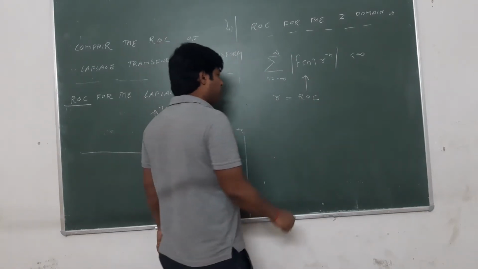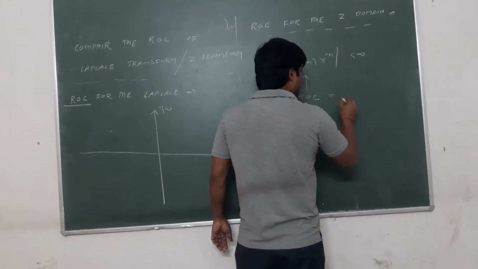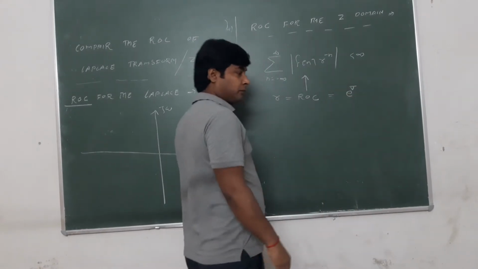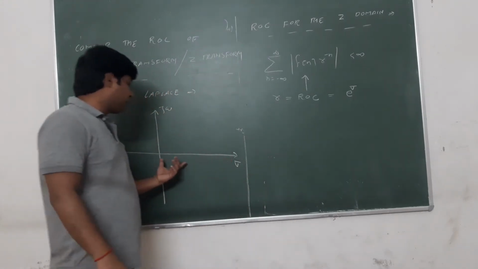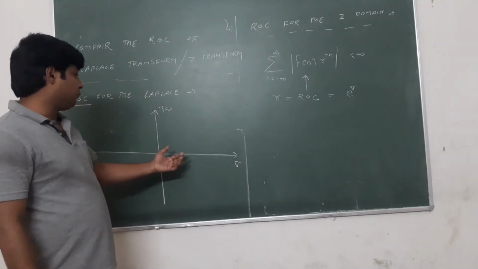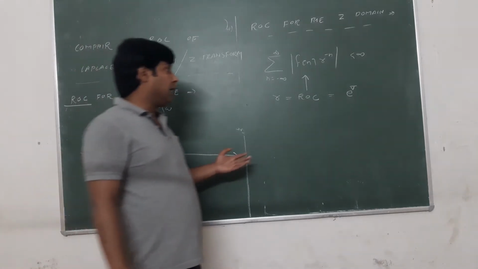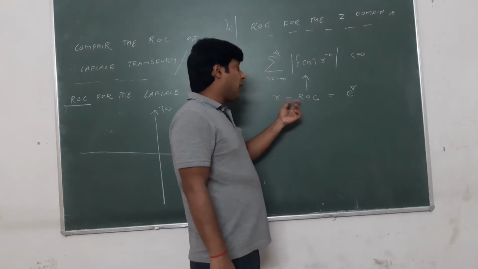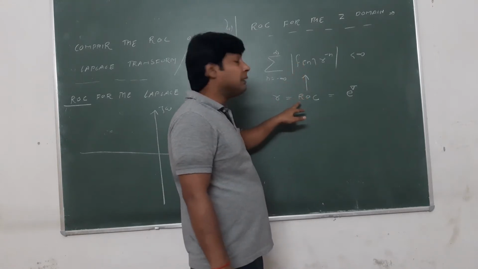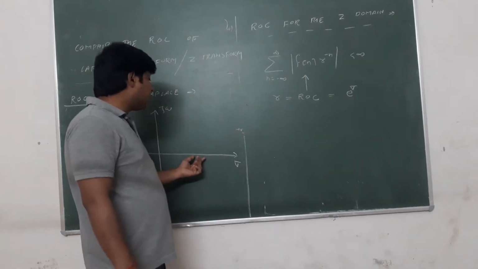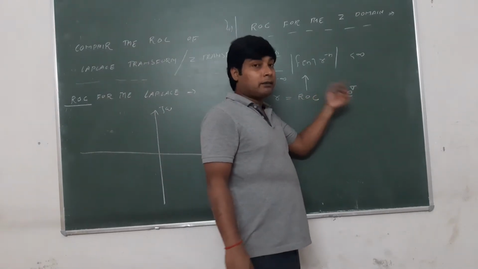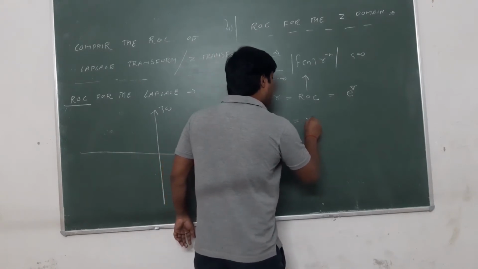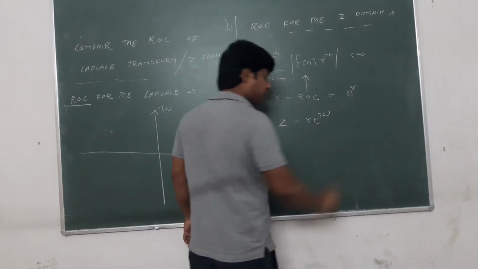Now we also know that r is equal to e to the power sigma. What is sigma? Sigma is this axis. In Laplace transform, sigma is the horizontal axis, and in the Z-transform, r is the ROC of the given signal, and it is related to the value of sigma by e to the power sigma. We also know that z is equal to r e to the power j omega.